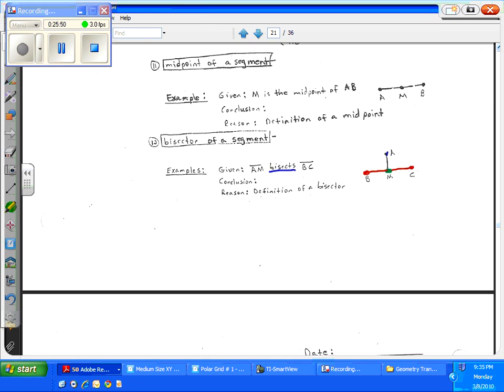A bisector is an object that hit it right there and split it in two, basically. Now, things that could actually hit the midpoint would be segments or rays or lines or planes.